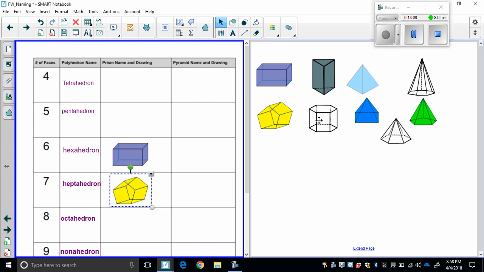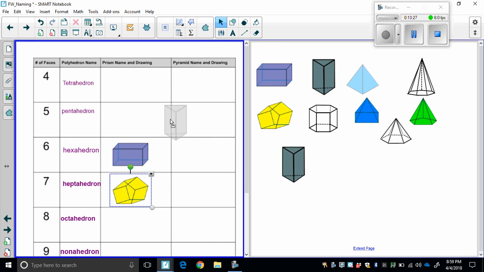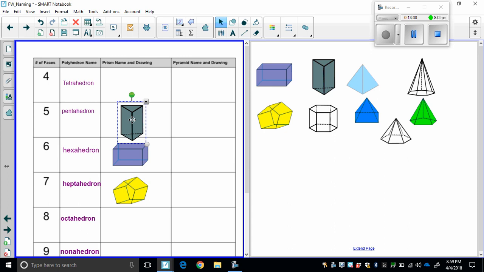So this one right here, it is a triangular prism, but another name for it is just classify its faces. So there's the top and the bottom and the 3 rectangles around. So that's 5 faces. So we call that a pentahedron.